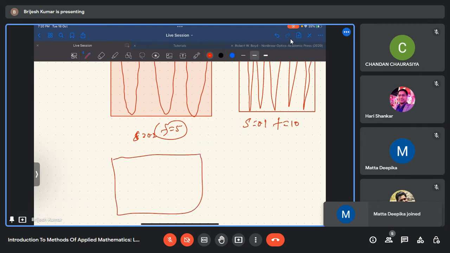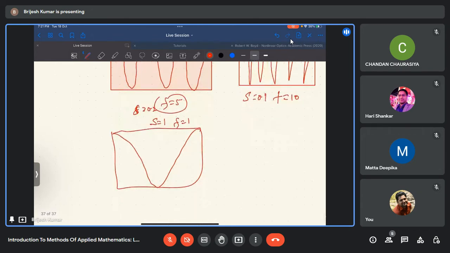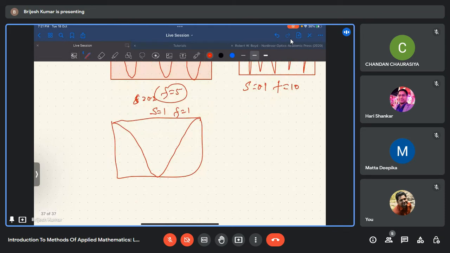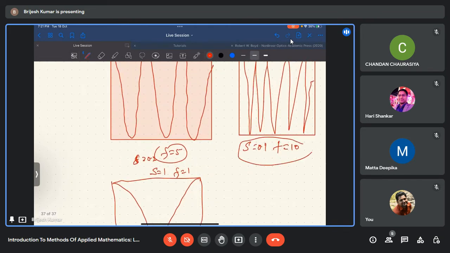And if we take s equal to 1 and f equal to 1, the signal will look like that. You can see that at a different scale we get a different resolution in frequency. In practice, this low scale, that is high frequency, is a low scale, right?